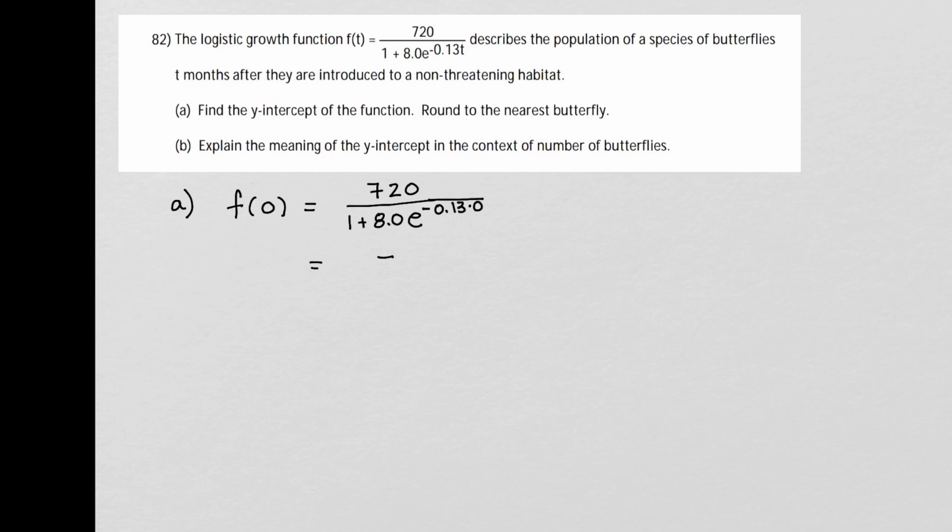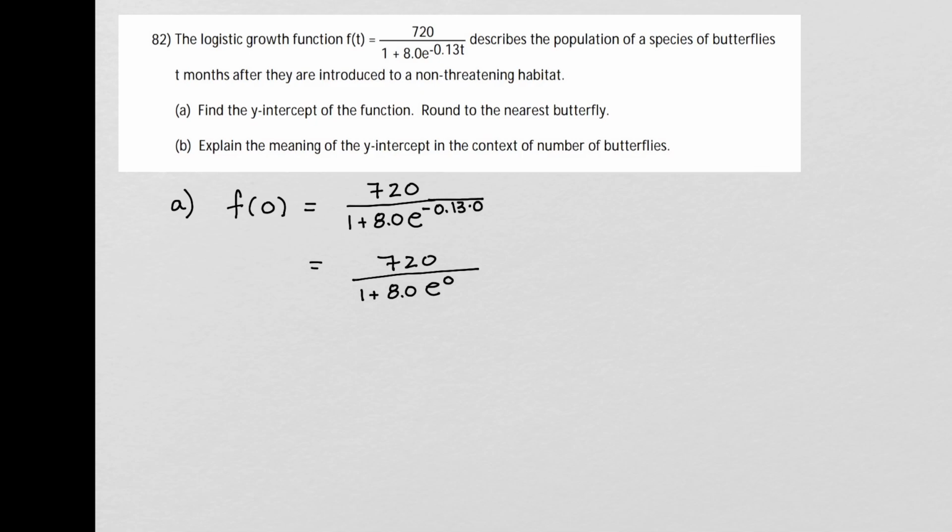So this gives me 720 over 1 plus 8.0, and negative 0.13 times 0 is just 0.